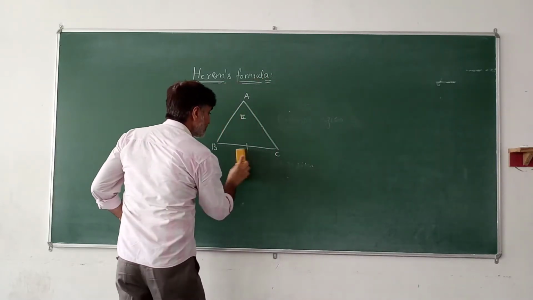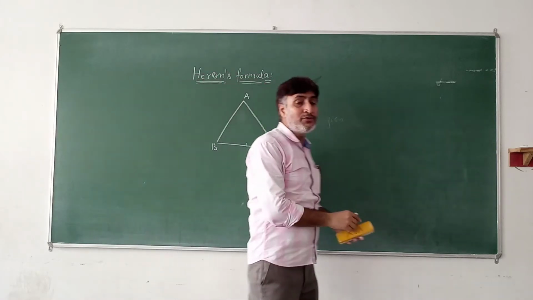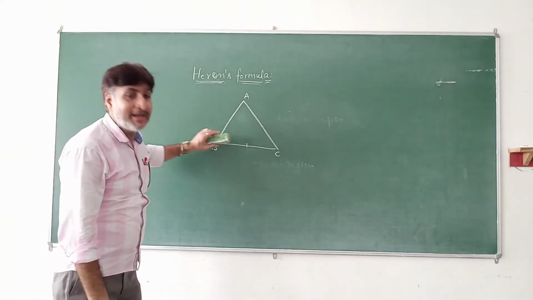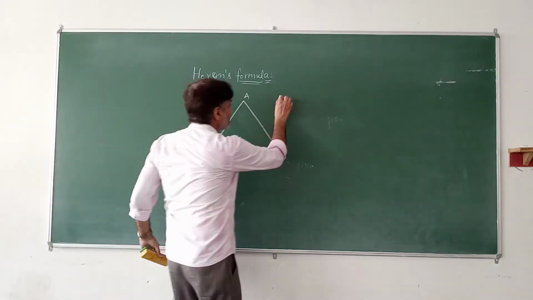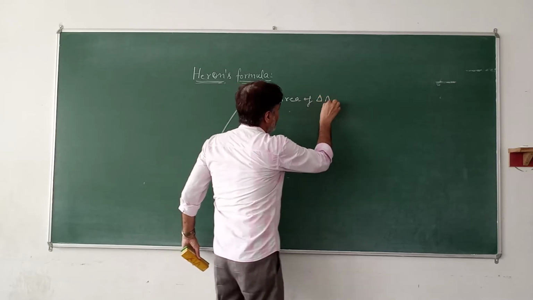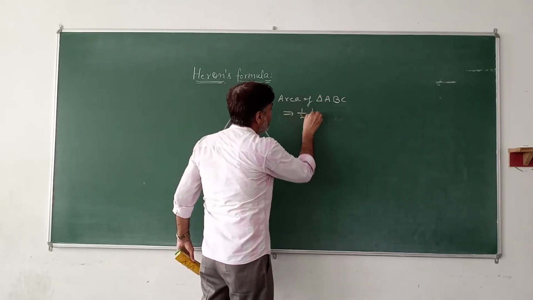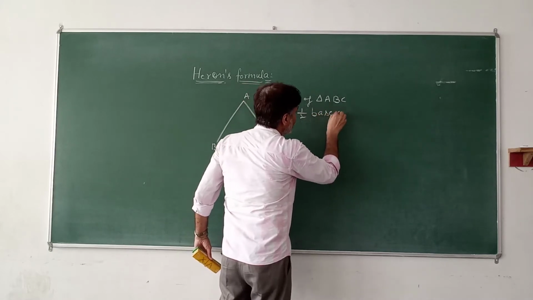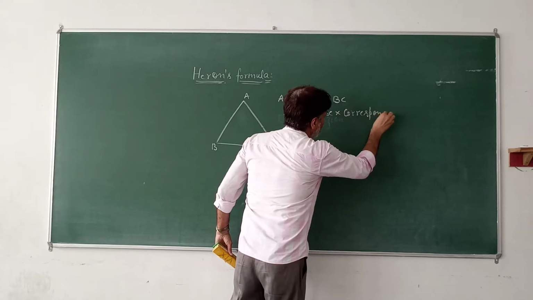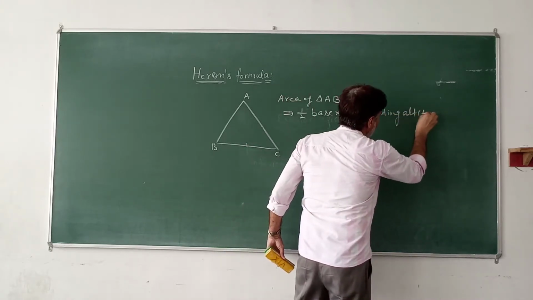When the base and corresponding altitude of a triangle are given, then the area of triangle ABC becomes half into base into corresponding altitude.